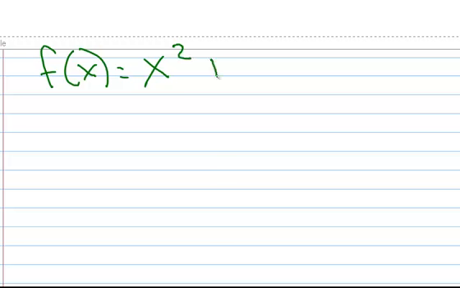And I'll go through this one a little bit quicker. f(x) equals x squared plus 10x plus 7. Okay, so go ahead and pause me, work this one by yourself. Change to vertex form and identify the vertex.